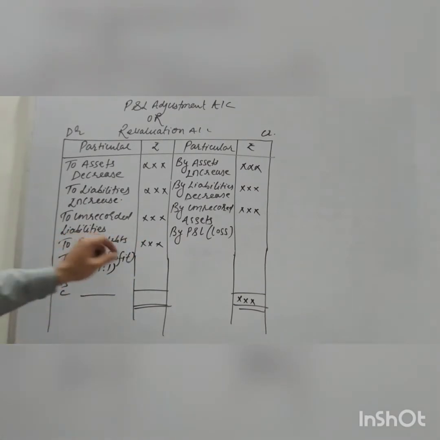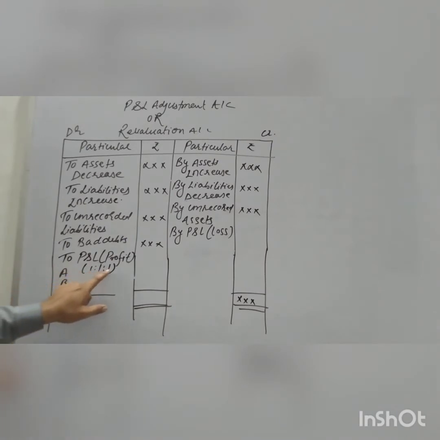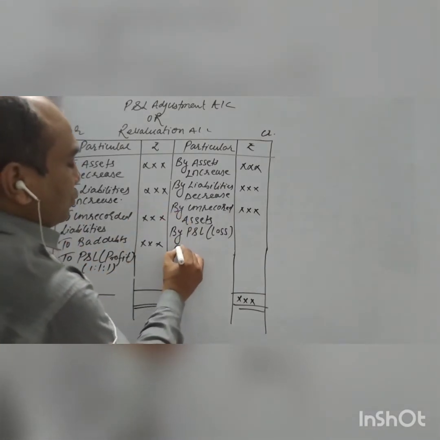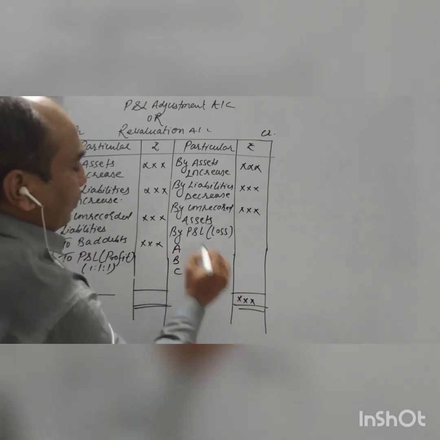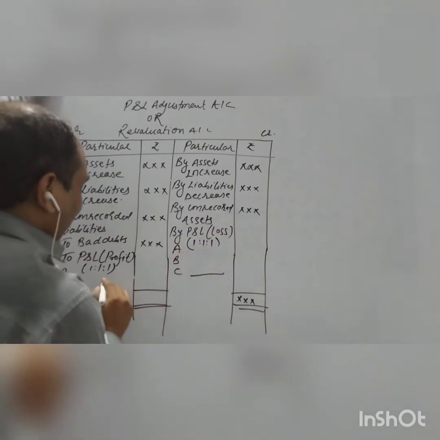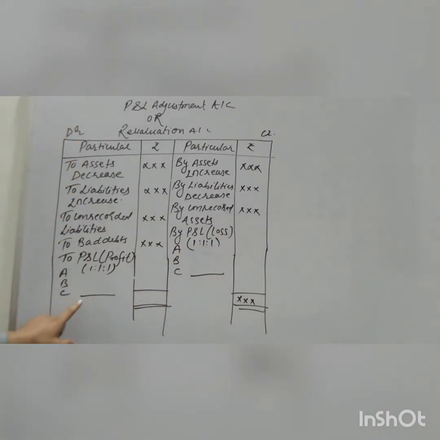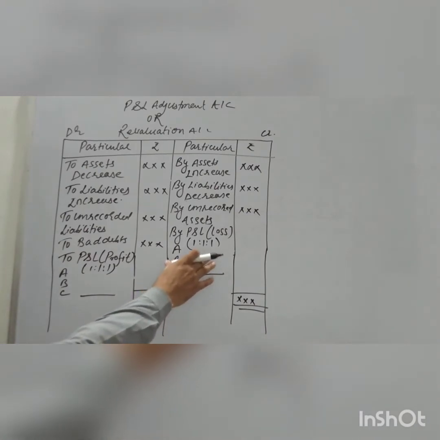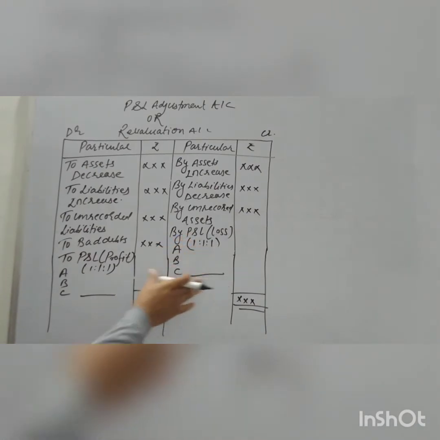Whatever the profit, it will be distributed among the partners 1:1:1. Similarly, if there is a loss, it will also be distributed among the partners in the profit sharing ratio. This profit or loss is transferred to the partners' capital accounts.